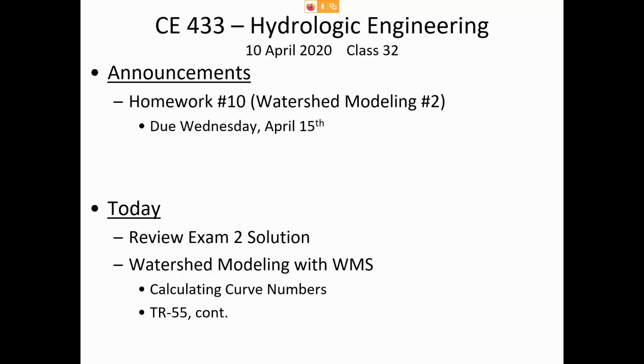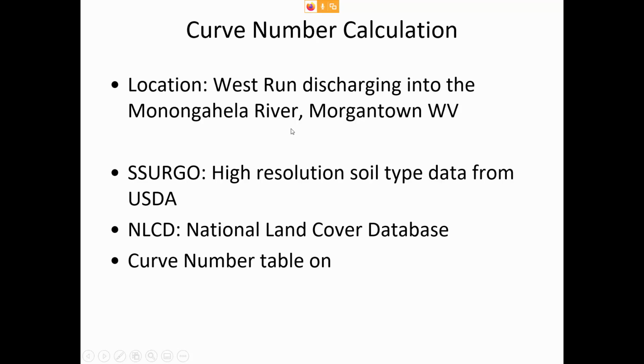All right. Well, the watershed that we are going to work on is the West Run, which discharges into the Monongahela River in Morgantown, and there is a high-resolution data source for soil type information you've used before, SSURGO.